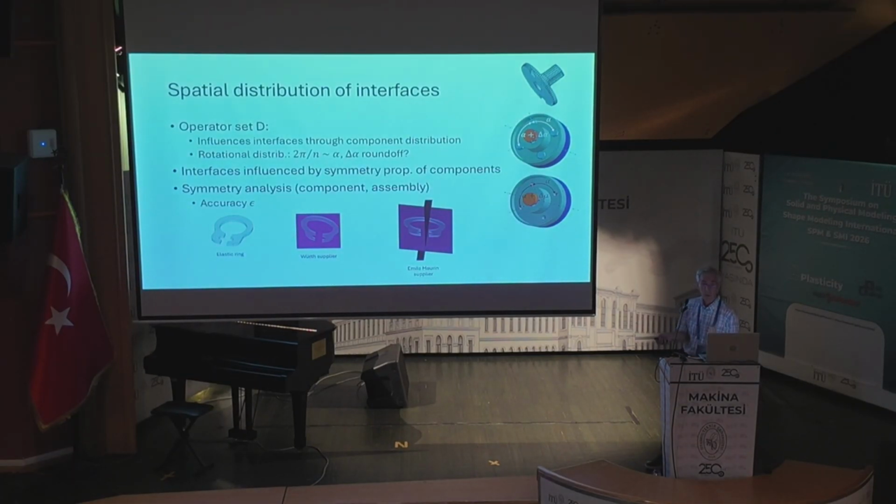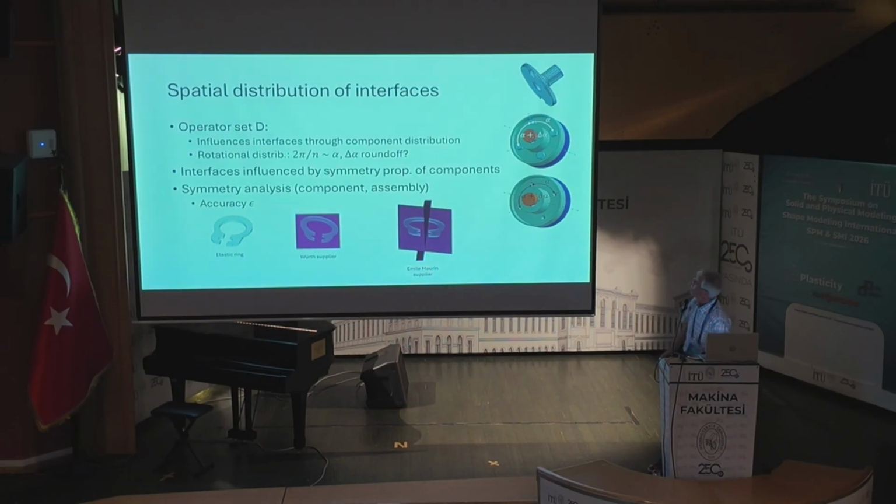And in the same way, what we can see also is that on the components themselves, this circular distribution can also be approximated. This is part of the modeling phase of the component. So these two approximations can interfere and add noise, so that the symmetry properties are somehow lost.